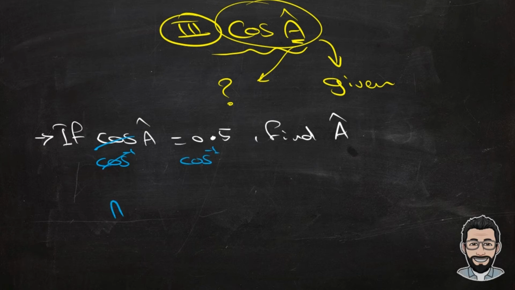Cross these together. So angle A equals cosine -1 of 0.5, which is 60 degrees. And of course, if you want to write cosine -1 on the calculator, you're going to press shift, cosine.